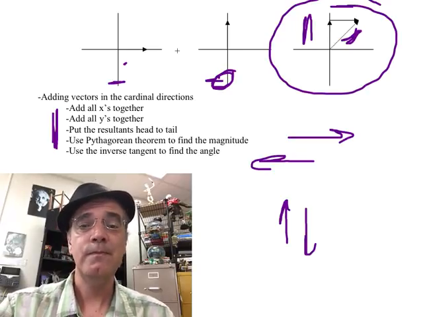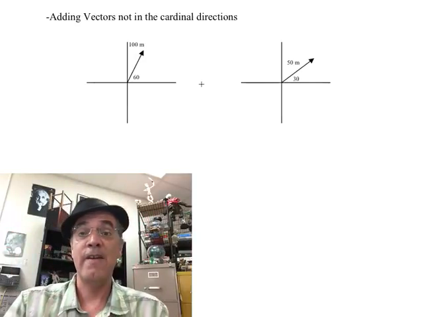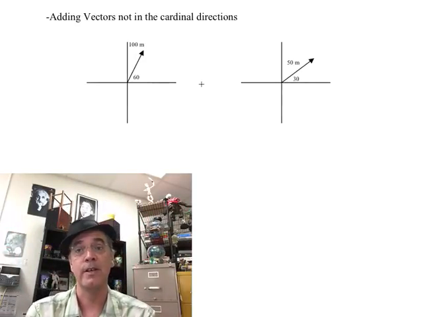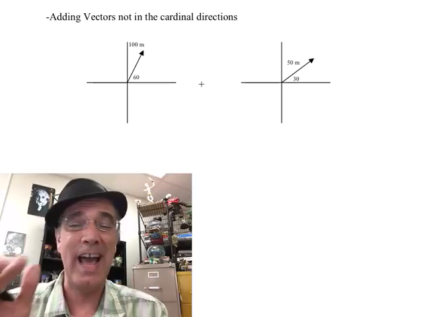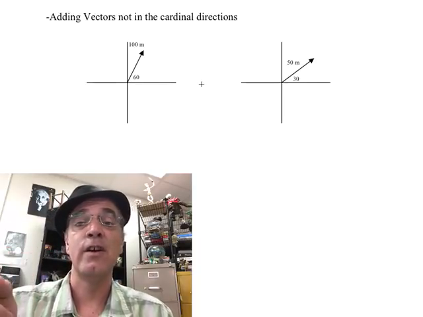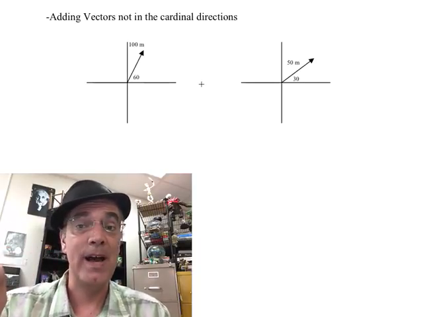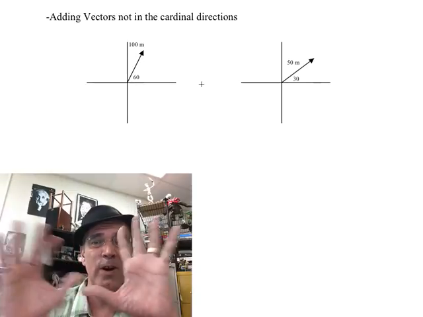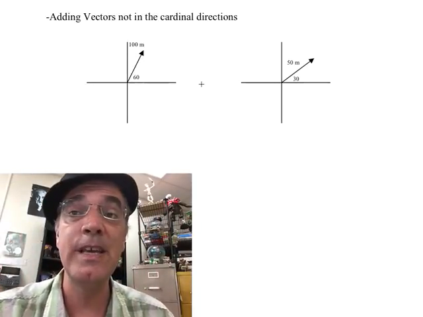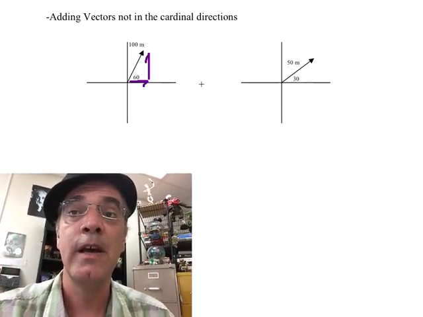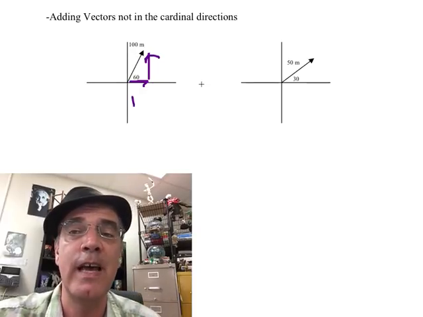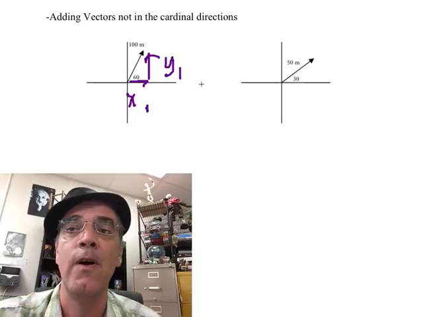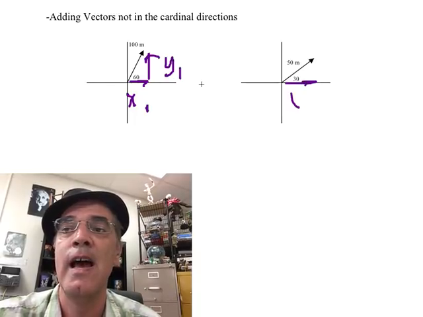Things get harder if I have two vectors that are not in the cardinal directions. I can't really add those together and get an actual exact answer the way they are. But because last chapter I split a lot of v1s into x and y components, I know that each of these can be split into components. Let's say we're going to call this x1 and y1, and this x2 and y2.